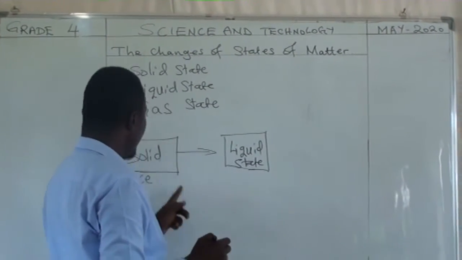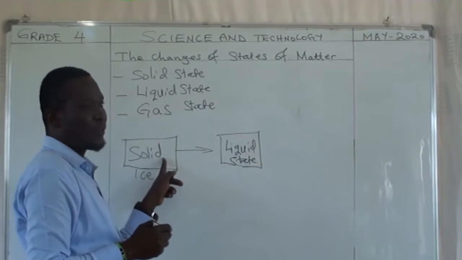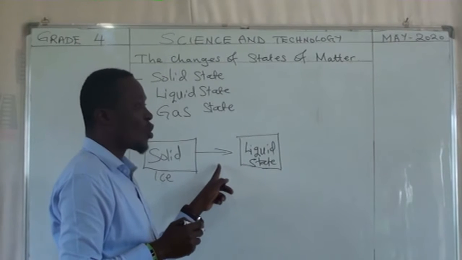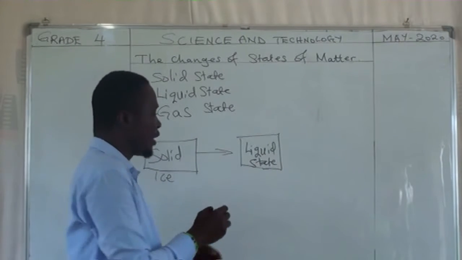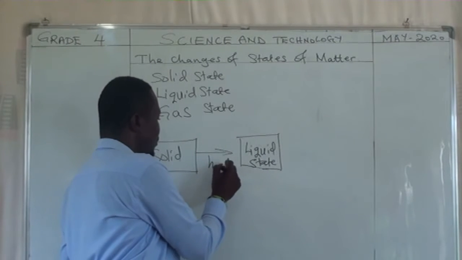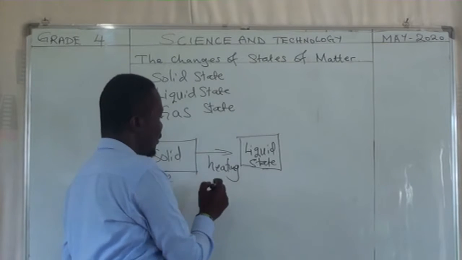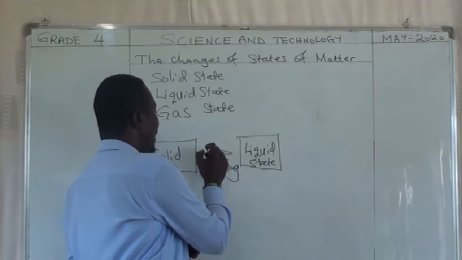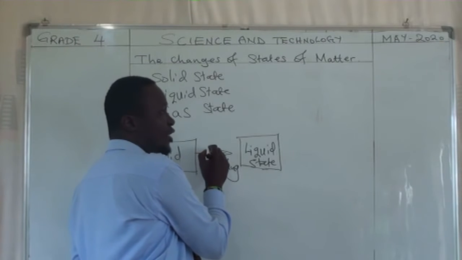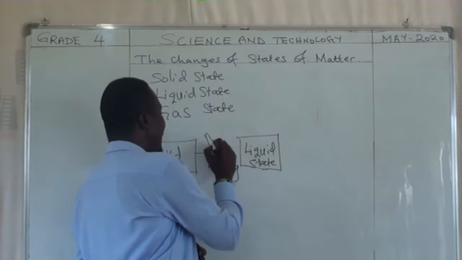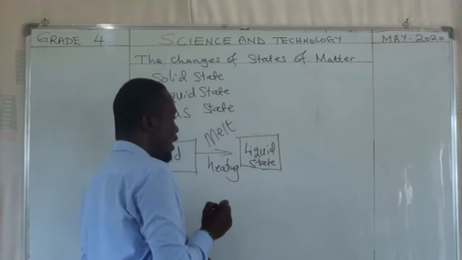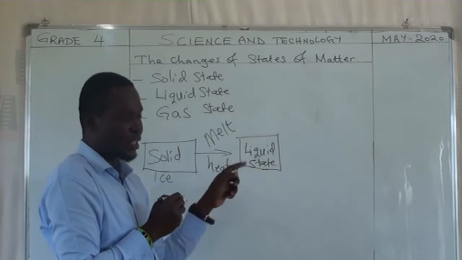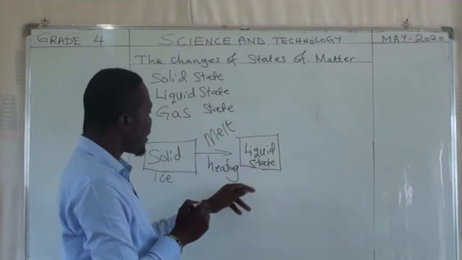The solid state of water, which is the ice, has undergone heating, and heating has made it melt, and it has changed into the liquid state.